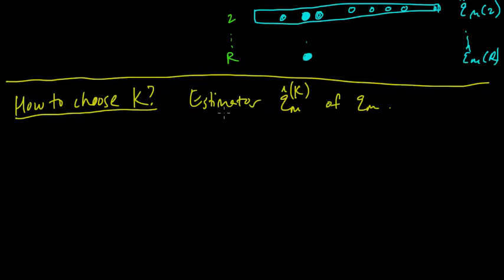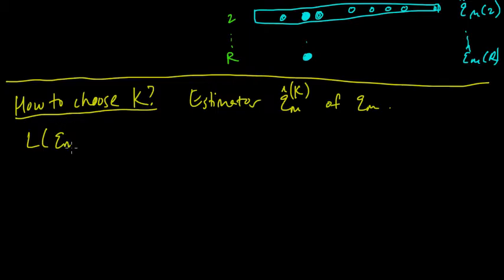And we've talked before about how you choose a good estimator. What does it mean to have a good estimator? Well, we need some loss function. If we're thinking from a decision theoretic perspective, and we are, then we need to choose a loss function to evaluate these in a principled way.